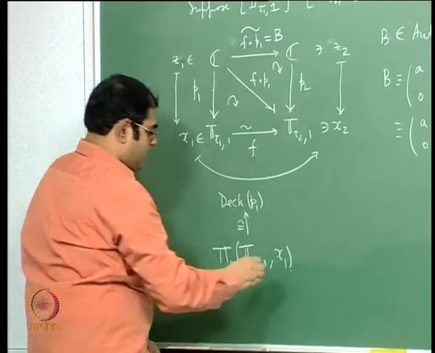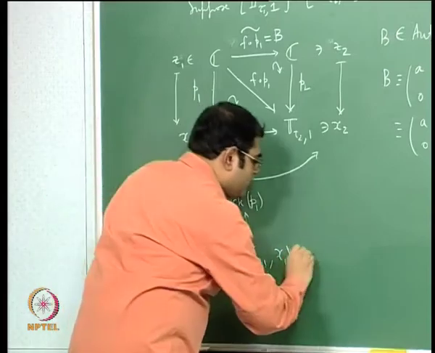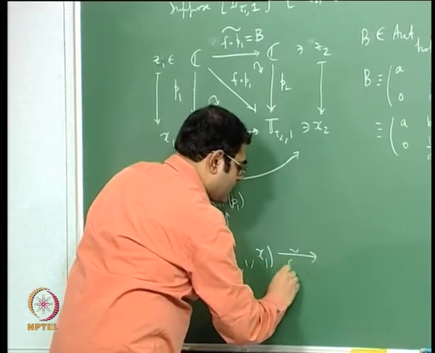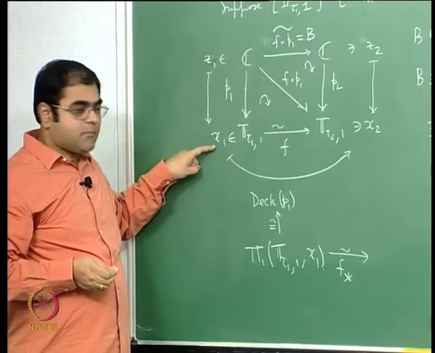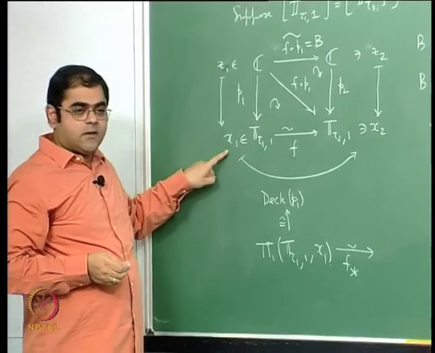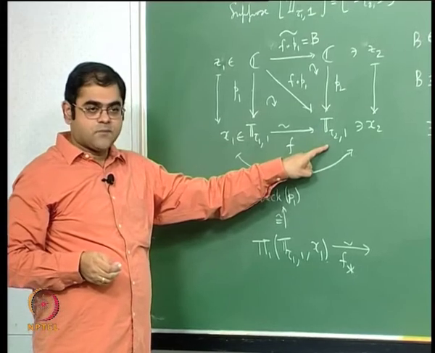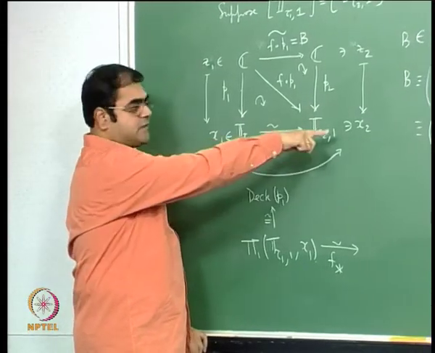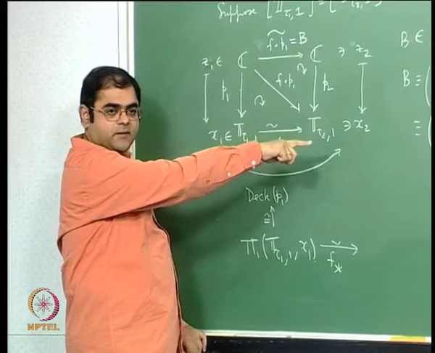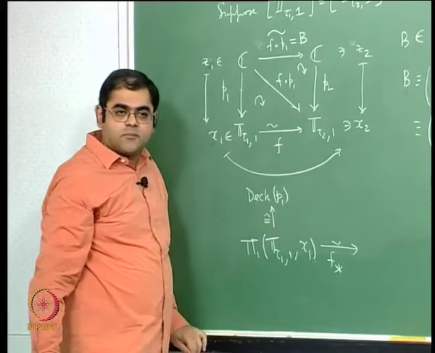This F is going to give me an isomorphism F lower star. Take a loop at x1, you can produce a loop at x2, by just taking the image of this loop, and do this for homotopy classes.